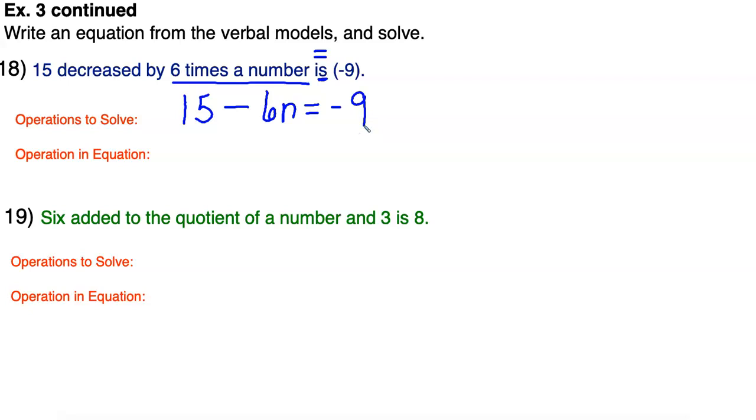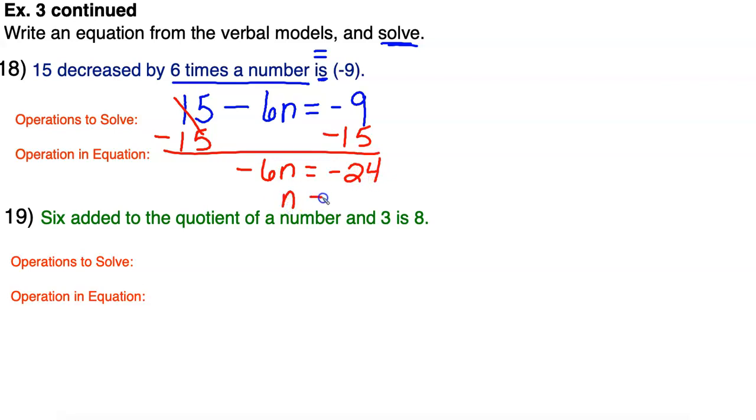Now when we go to solve this, because it says to solve, we've done a lot of equation work, so we're going to use that knowledge. We're going to get our -6n by itself. So I'm going to minus 15, minus 15. So we have -6n is -24. So then n, if we divide both sides by -6, would be +4.